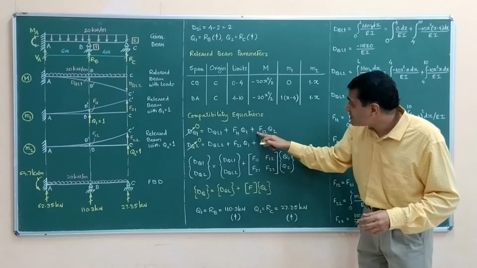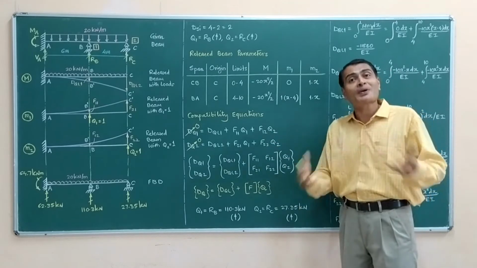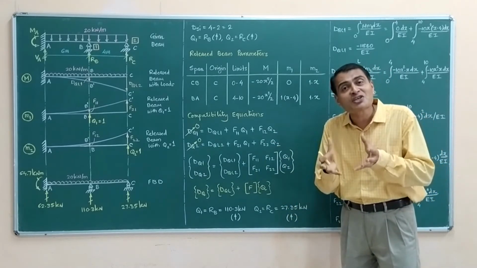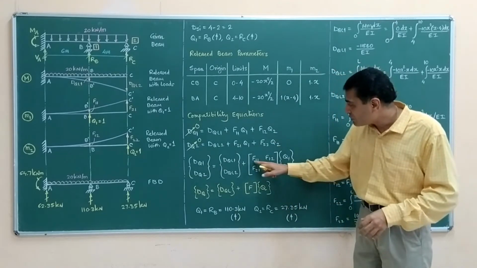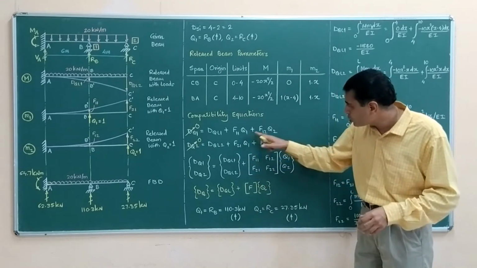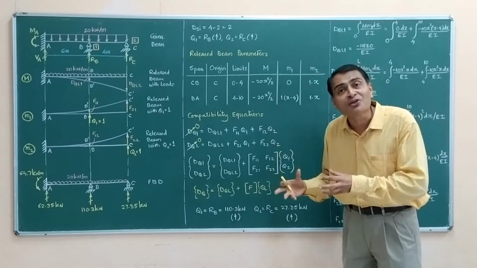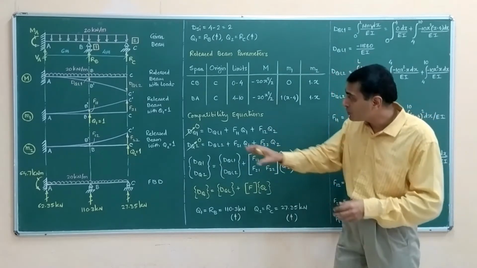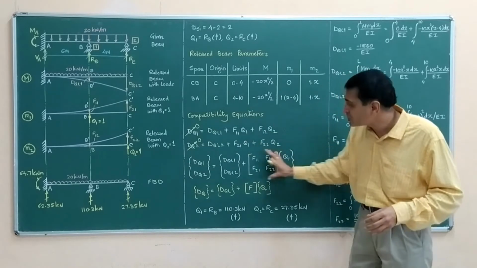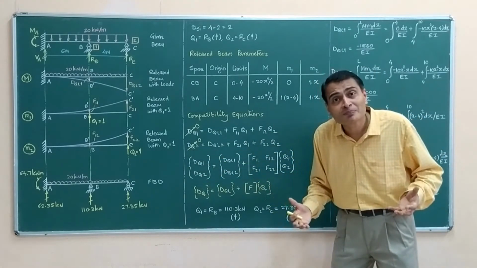This into this plus this into this can be expressed in a simple matrix multiplication form, F11, F12, F21, F22 into Q1 and Q2, which are appearing as common parameters. So I convert these equations into this matrix equation.